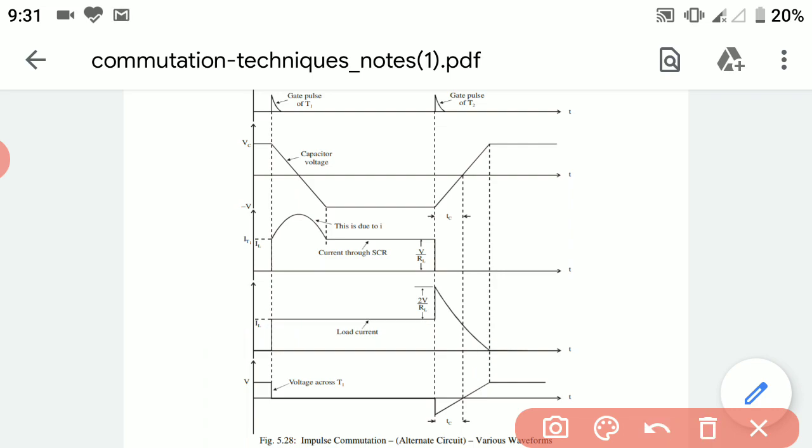So this is the waveform for class D commutation technique.